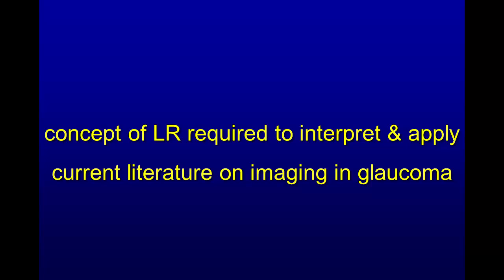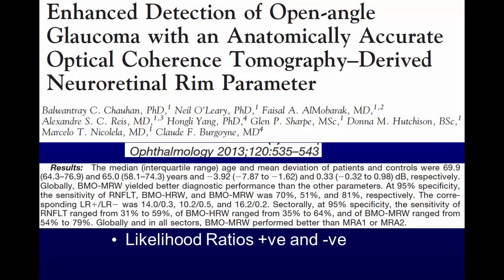The concept of a likelihood ratio is required to interpret and apply the current literature on imaging in glaucoma. In fact, it is required to interpret the current literature on any diagnostic technique. So you take this article here, the enhanced detection of open-angle glaucoma with an anatomically accurate OCT-derived neuroretinal parameter by Bal Chauhan and Claude Bourgoin and friends of mine, and all the results talk about is sensitivities, specificities, and likelihood ratios.